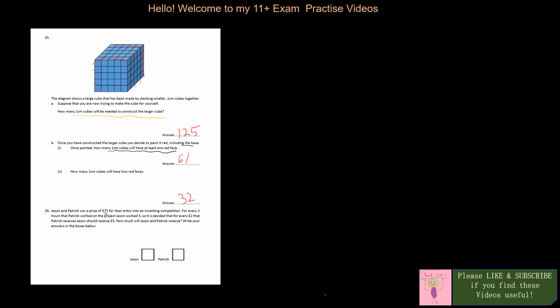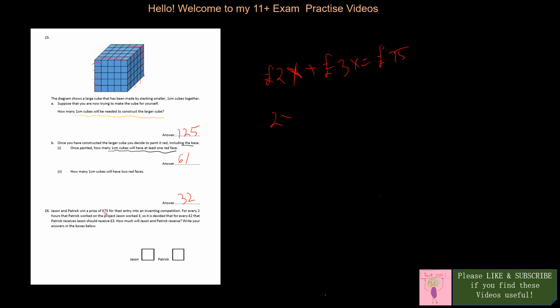So we have £2 times something that he should get, plus, is a crude way of doing it. I'm doing plus 3x should be £75.